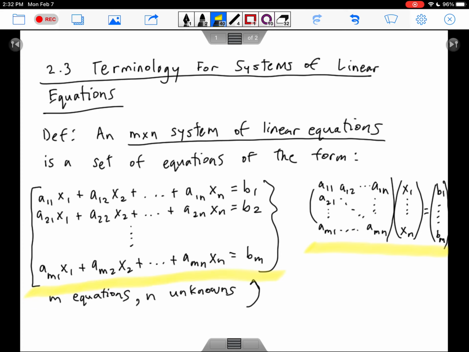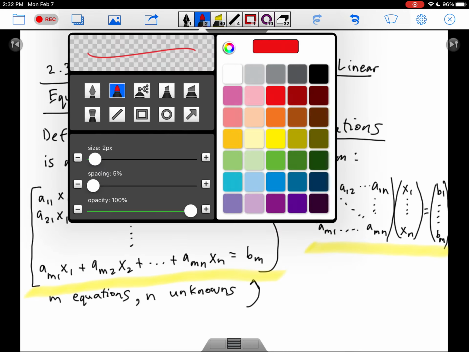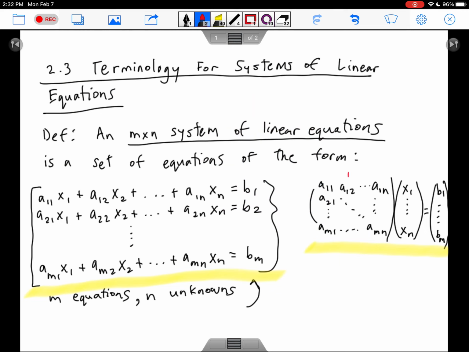These two things that I've underlined are equivalent. They are just different ways of writing the same system of equations. See, that's an m by n, that's an n by 1. And the answer is an m by 1, just like we learned with matrix multiplication. And you can see that if you work this out, you get the exact same system that we got on the left.